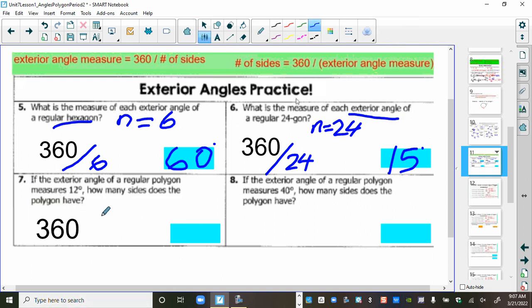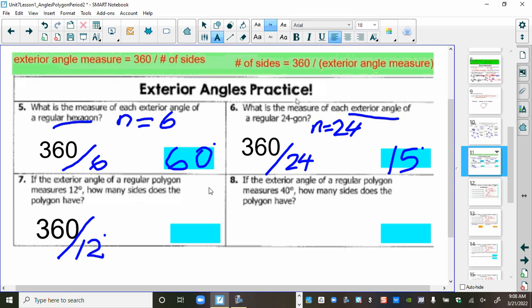We want to find the number of sides, but we don't have the number of sides, but we do have an exterior angle measure. So what's our exterior angle measure? So we divide 360 by 12. And that's going to give us how many sides? 30 sides.